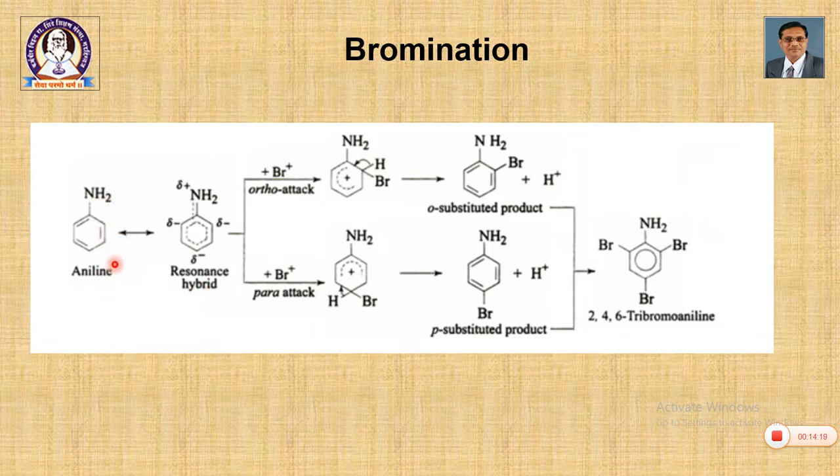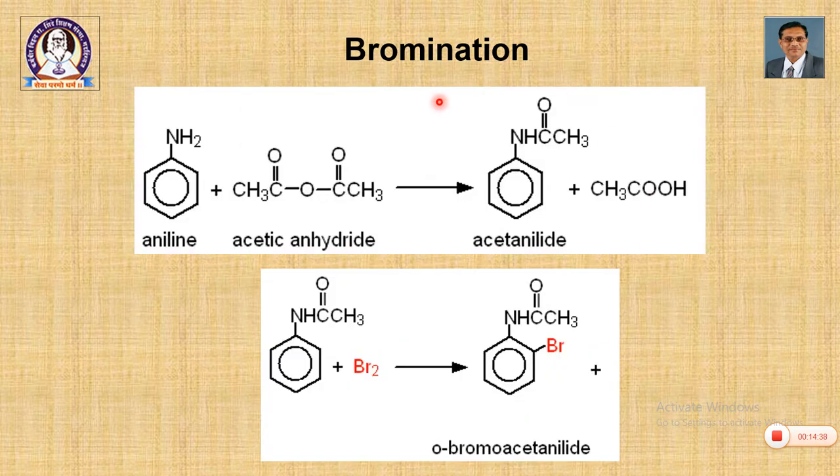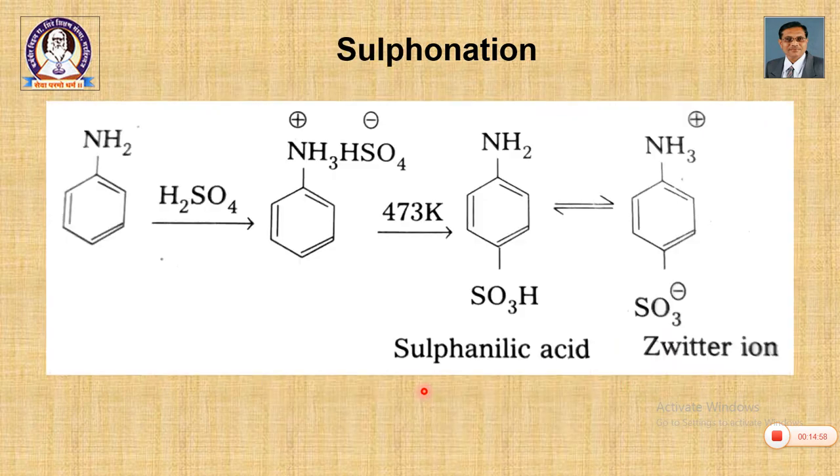As we have seen, there are ortho para electron rich centers, and therefore, we get one product at ortho, another product at para, but finally, when the bromination is continued with excess bromine, we get 2,4,6 tribromoaniline as the product. Again, like nitration, if you are interested in getting a specific product, then you can protect this NH2 by acetylation, then this acetyl derivative is further brominated, and you can have the orthobromo derivative and parabromo derivative.